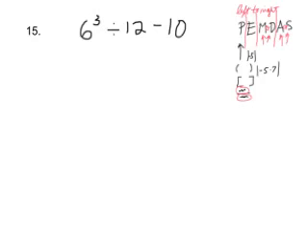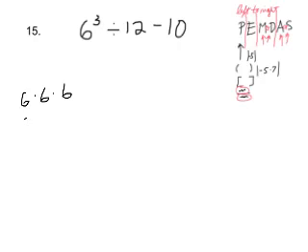Okay. So, what comes first? Are there any parentheses? No, there's no parentheses. So there is an exponent though. So we'll do the exponent first. 6 to the third power is, we'll just do this on the side, 6 times 6 times 6.